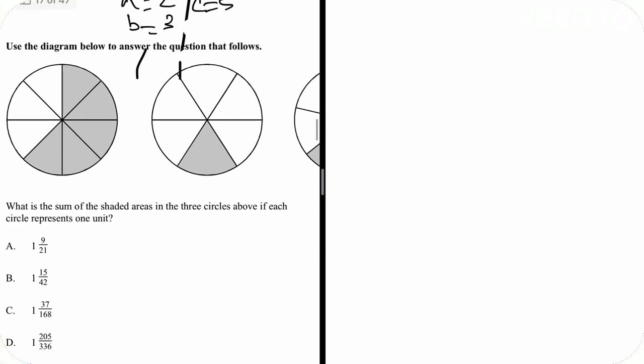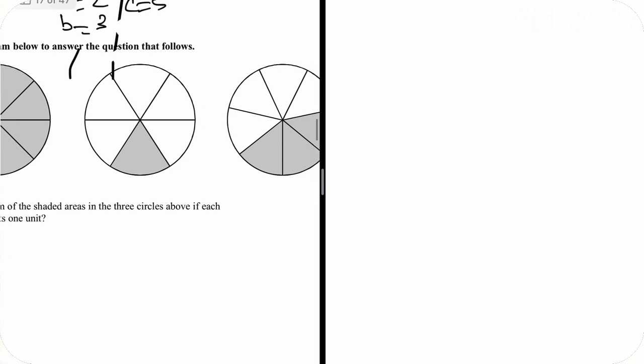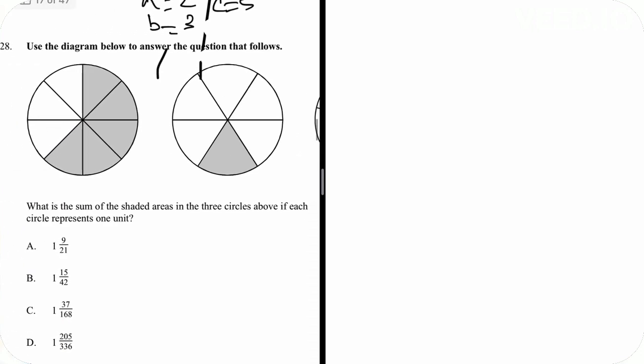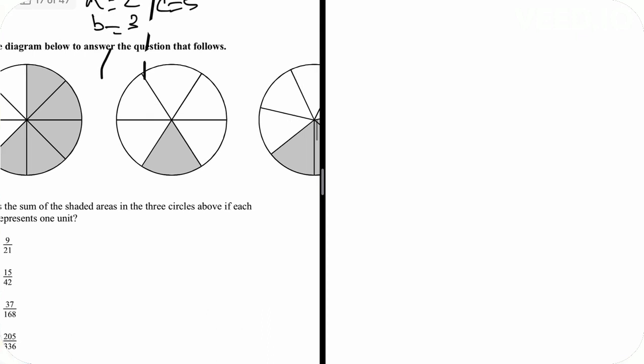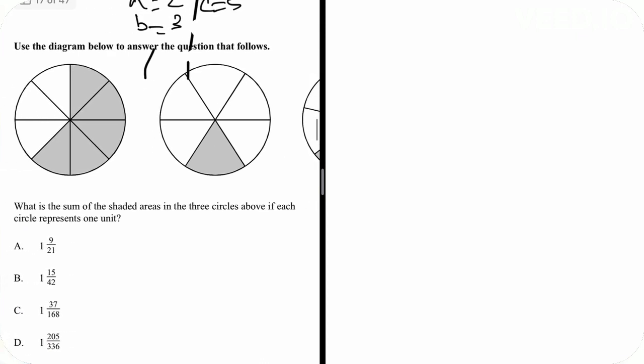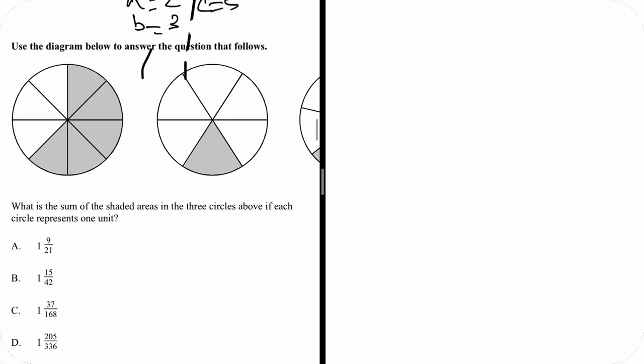So we have three circles and then we have some shaded portions. What is the sum of the shaded areas in the three circles above if each circle represents one unit? If we look at the first one, we just count 1, 2, 3, 4, 5, 6, 7, 8.